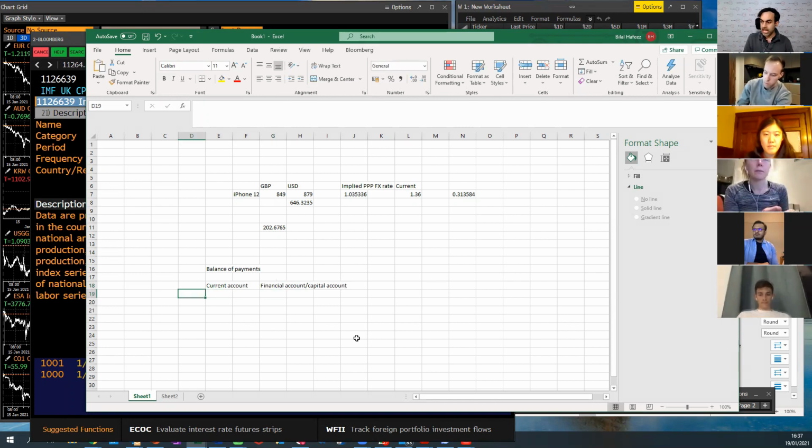So the current account is basically exports and imports, and this is goods and services. For a country, goods are simple: cars, toys, those sorts of things, imports, exports, food. Services could be financial services, it could be tourism. And you look at it in terms of inflows into the country.